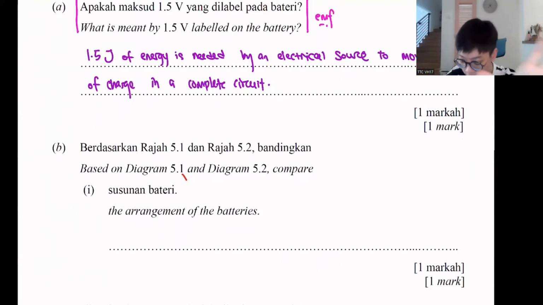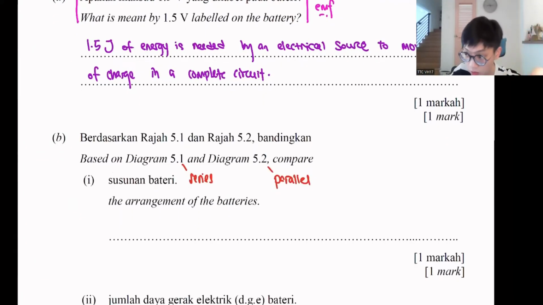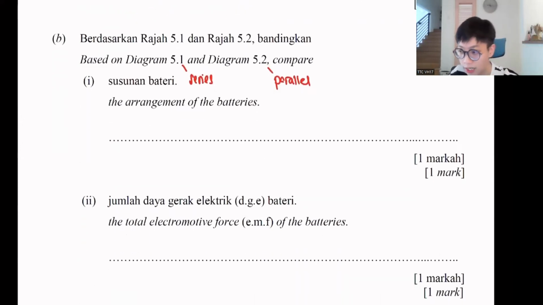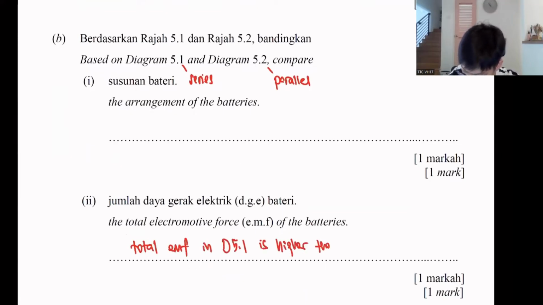You can only say in diagram 5.1 the batteries are arranged in series, 5.2 is arranged in parallel. Then which one has more EMF? So the total EMF in diagram 5.1 is higher, greater than diagram 5.2.